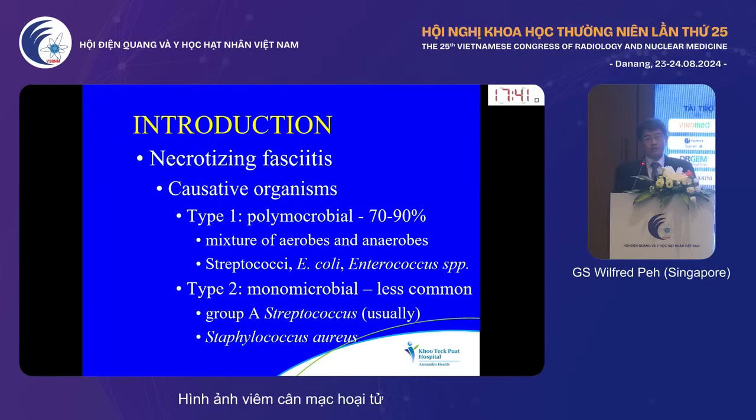There are several groups of causative organisms divided into 4 types. The most common type is multiple organisms, usually a mixture of anaerobic and aerobic bacteria. Less common are only one type of bacteria, usually Streptococcus.